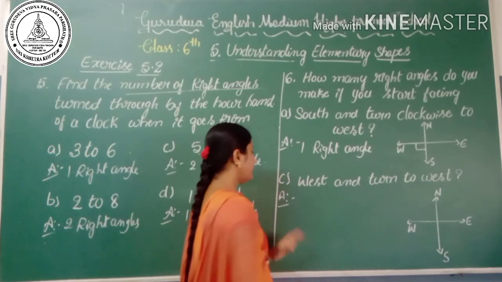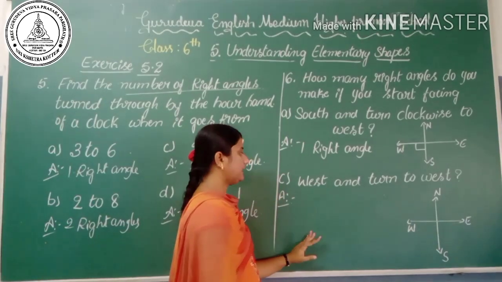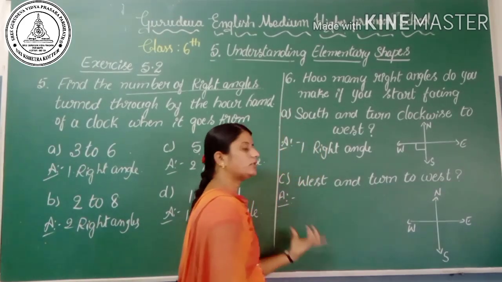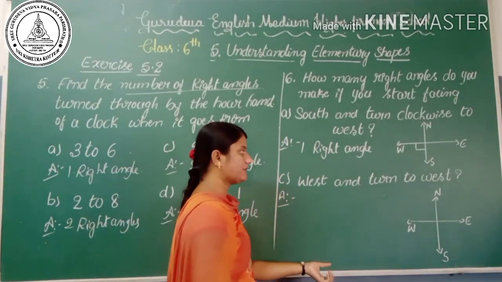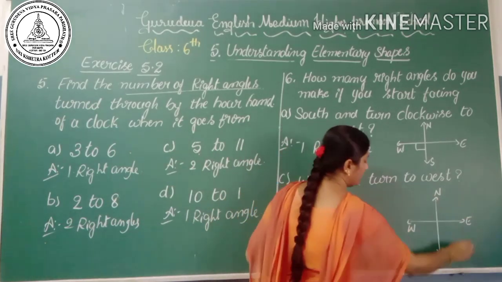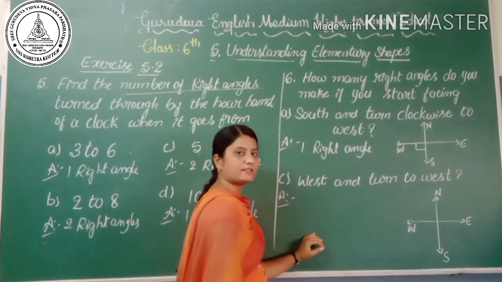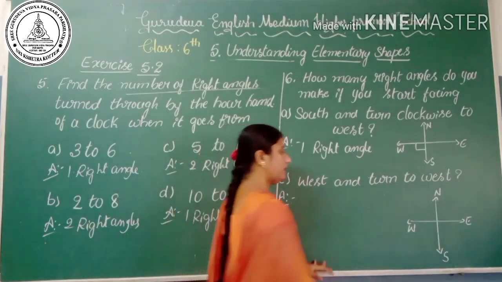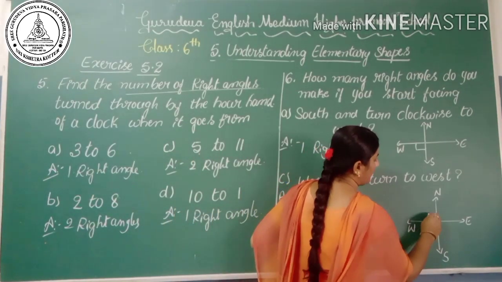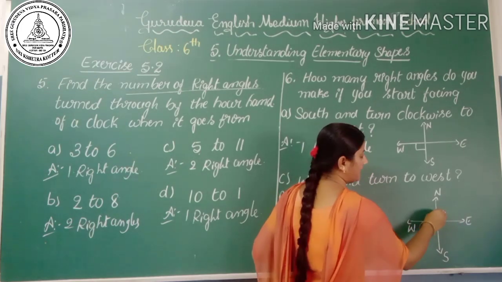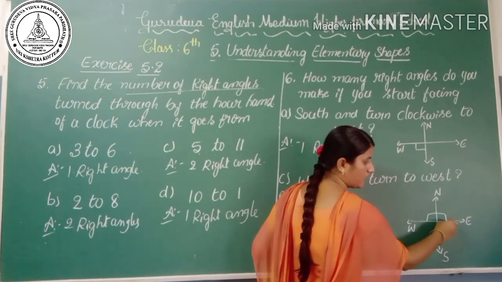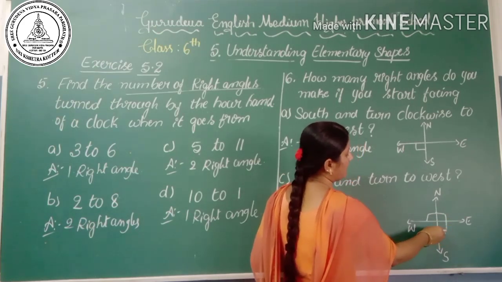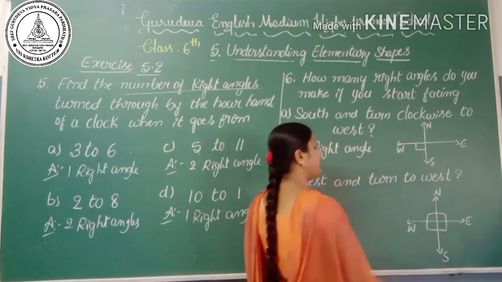Then similarly the third one, face west and turn to west. You can also turn in the clockwise direction or in the anti-clockwise direction. You will face the west direction. Then how many right angle turns do you have to make? See here from west to north one right angle turn, and north to east another right angle, then east to south third right angle turn, and south to the west again.